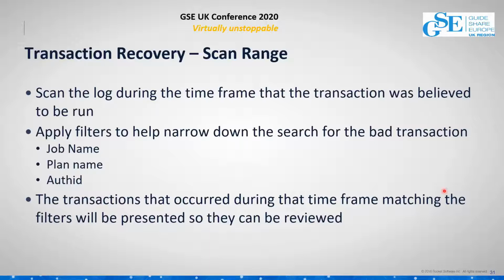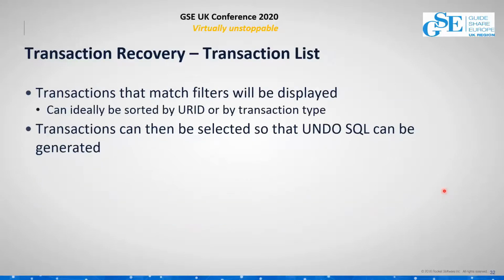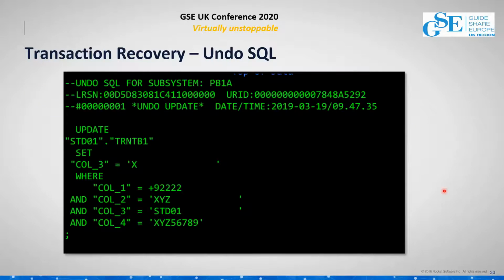You may be able to apply filters to help narrow down the search for the bad transaction, and all the transactions that have occurred there may be presented to you. And you can just normally, in all the tools from all the vendors, select the corresponding transaction so that you can just have undo SQL generated.